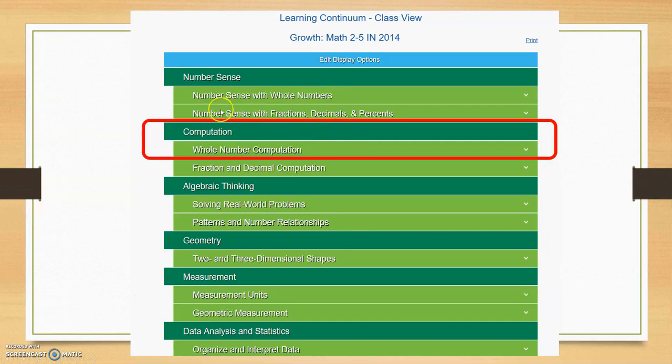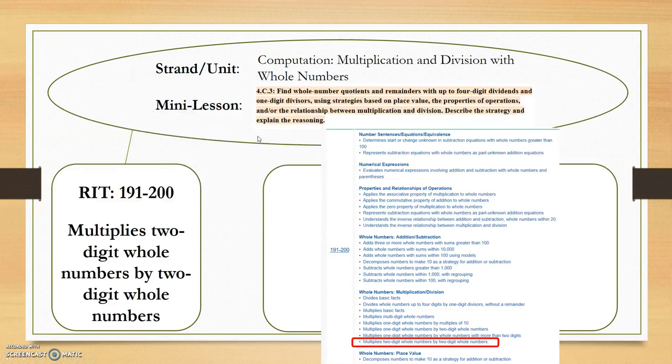Again, you'll notice we have highlighted computation since that is the strand for the current unit for this class. And once you click on that strand, it's going to divide your class into RIT range small groups. There is a PD in the portal about how to form your small groups using the continuum provided by NWEA.